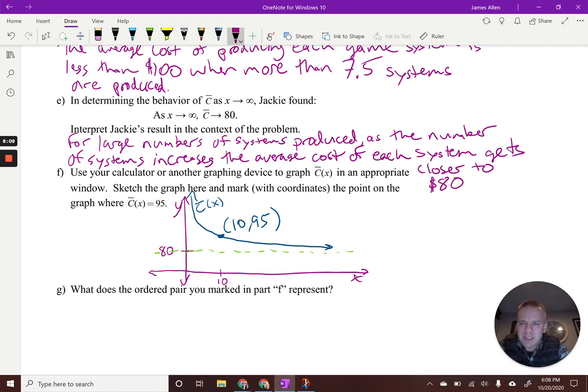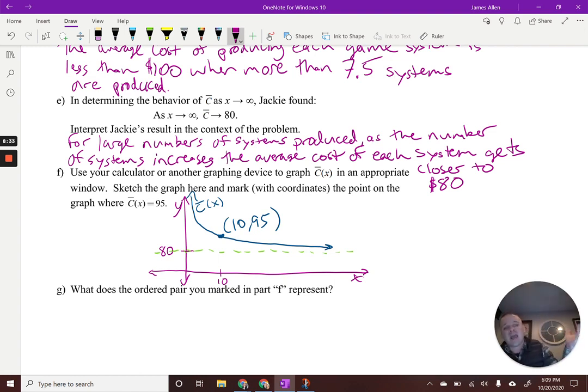Now, let's see here. The next question says, what does the ordered pair you marked in part F represent? Like, yeah, I can mark an ordered pair, but what does that represent? Can we put that into words? So let's think about our input, output, all that stuff we've been talking about early on in parts A and B. Well, my input is my x, and that's the number of systems, and then the output was my cost of that system.